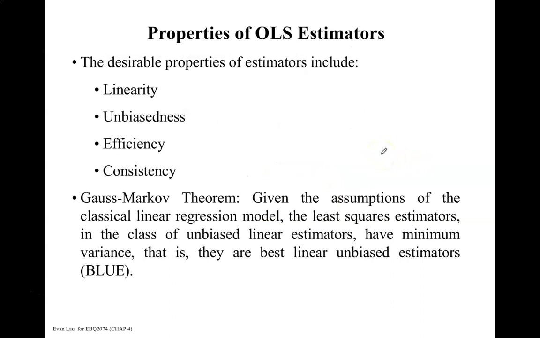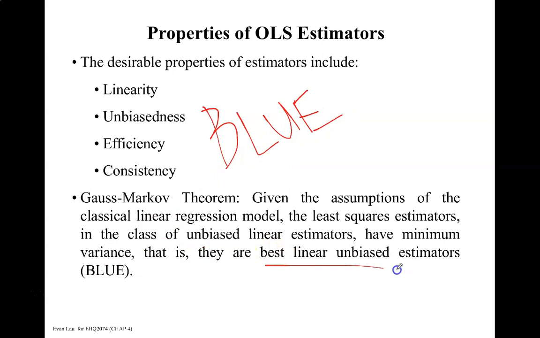So we have finished the first part, the assumptions of classical linear regression. Now we move to the second part, the BLUE properties, related to the color blue, right? Best Linear Unbiased Estimator is what we call BLUE.